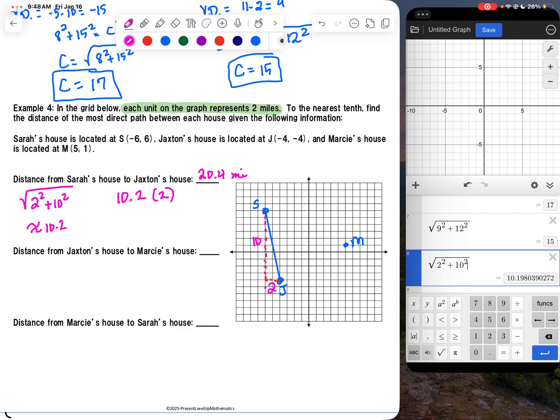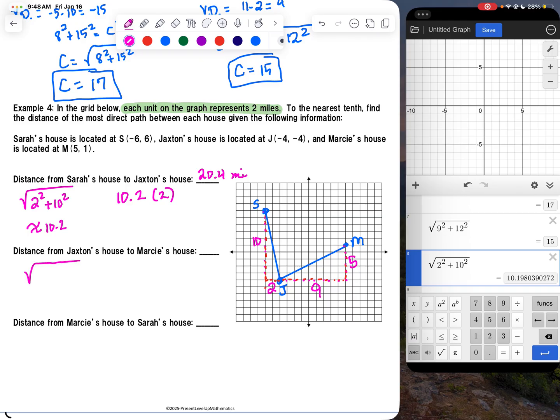Now we're going to find the distance from Jackson's house to Marcy's house. We will create a right triangle from Jackson over to Marcy, and this time I'm trying to find this distance. Let's label the horizontal distance here: 1, 2, 3, 4, 5, 6, 7, 8, 9. So we have a horizontal distance of 9, and a vertical distance of 5 units.